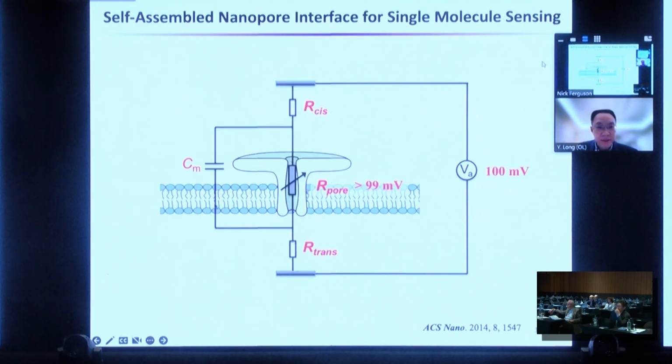So consider a nanopore on the surface, on the bilayer. This is a bigger resistor. So if the potential drop is like 100 millivolts, 99 millivolts will drop on the pore. So there is a huge electrical field on this pore side.